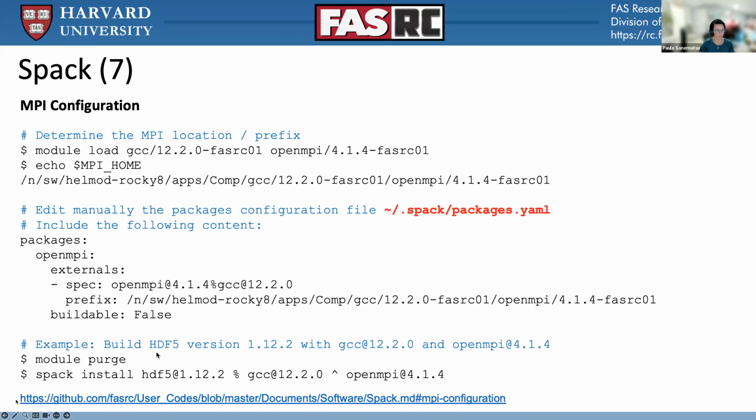So this is an example on how to build HDF5 version 1.12.2 with GCC 12 and OpenMPI 4.1.4. After doing all of this, do a module purge, and then you do spack install with the HDF5 specific version at %GCC with a specific compiler and specific OpenMPI. When you do this, it will be using the OpenMPI that you specified in packages.yaml.